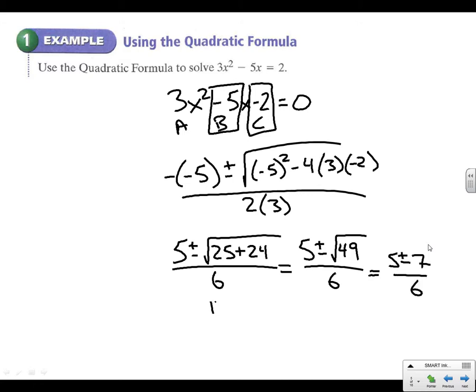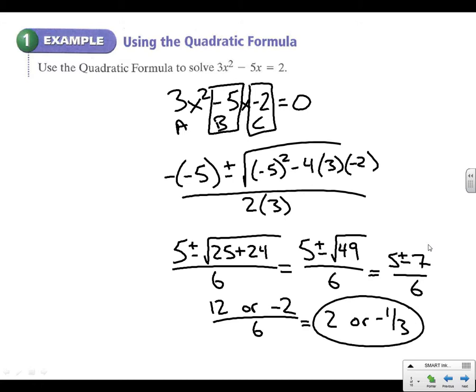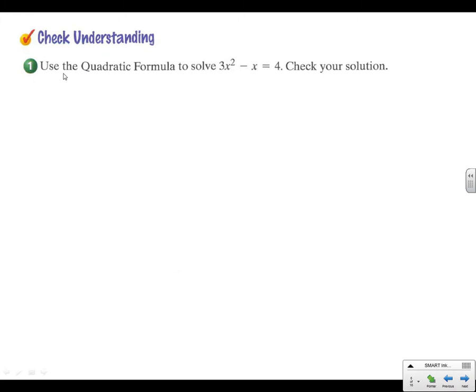That is 12 or negative 2 all over 6. So that is 2 or negative 1/3. And there you go. That's the answer. So a number of steps in there, but we're just doing the algebra step by step all the way through. You guys can do this. You're up. Understanding check number 1. Solve it.